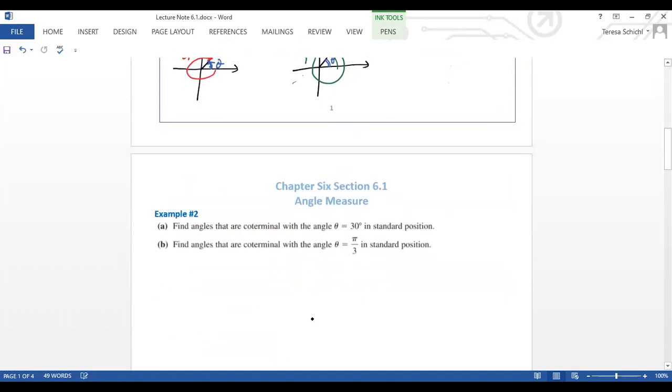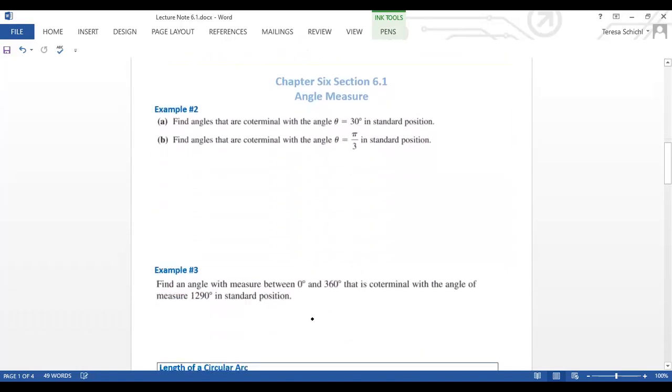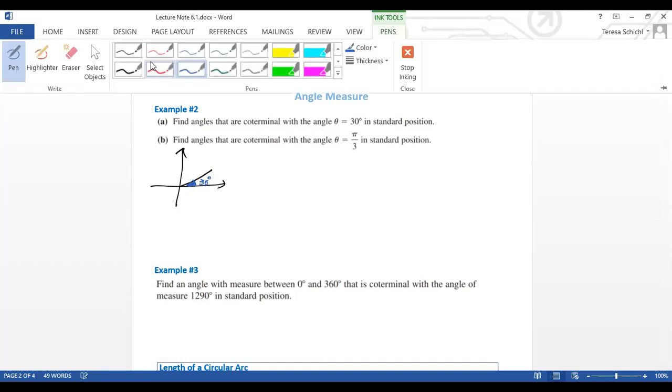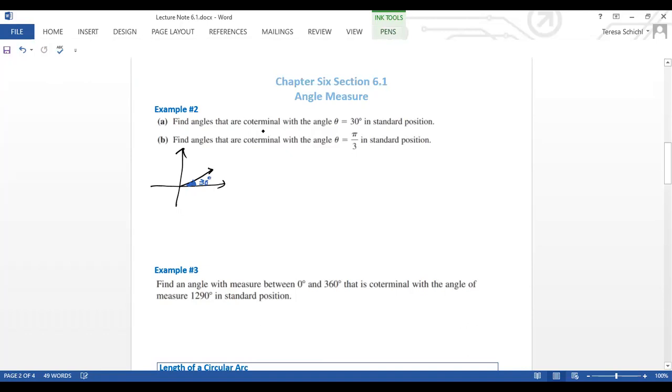Okay, let's take a look at some examples. Let's find some angles that are coterminal with 30 degrees. Let me use the blue one here; this is a 30 degree angle.